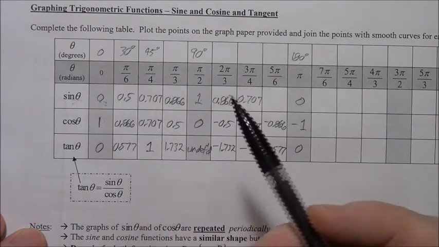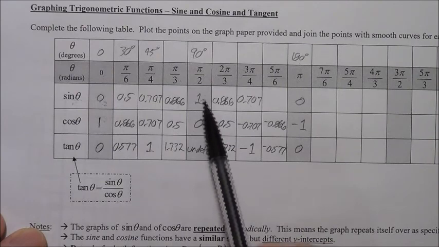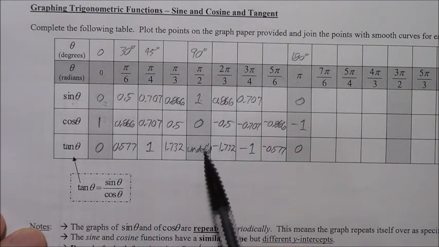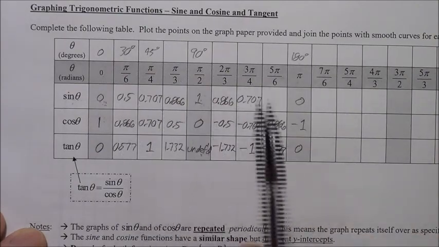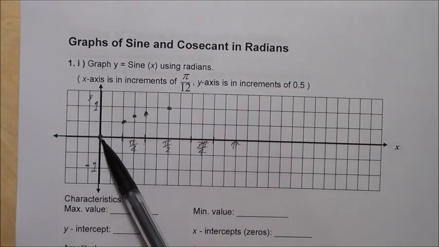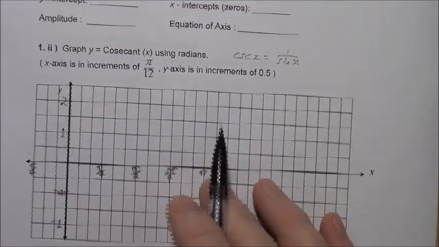So 1 over sine theta, well, we already discovered 1 divided by 0. Well, we knew that before, but we looked at this here graphically. 1 divided by 0 is undefined. So same thing for the reciprocal function for cosecant. When we're dividing by 0, so when sine is 0, then cosecant is going to be undefined.